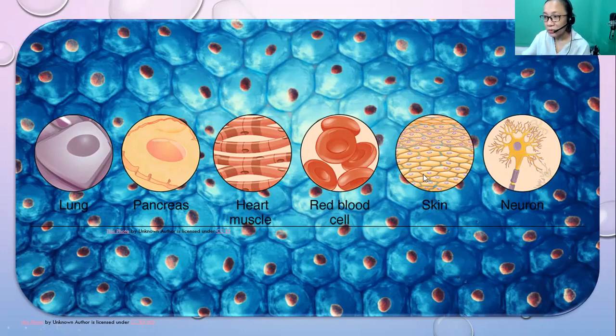So we are here for balancing the nutrients to support their function, to support their metabolism, in order to be united with the rest of the tissues that they are all together with inside the body, para masuportahan nila, masustain nila yung buhay ng individual.